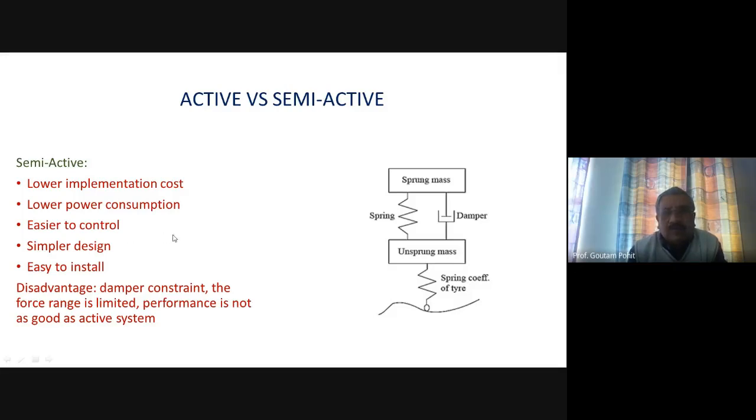Design is quite simple because there is only a modification in the damping material and associated things. Easy to install. Disadvantage, damper constraint. The force range is limited. Performance is not as good as an active suspension system.